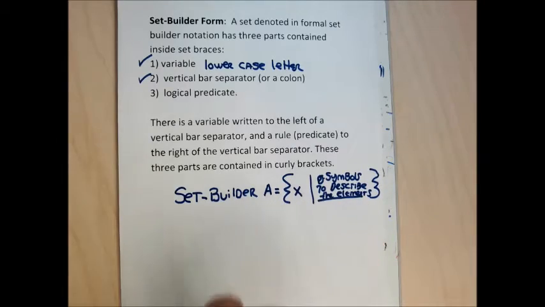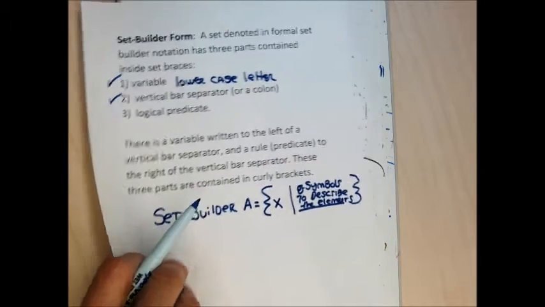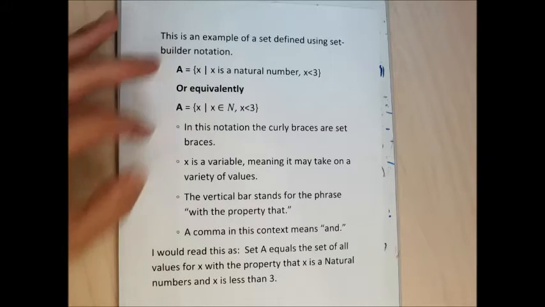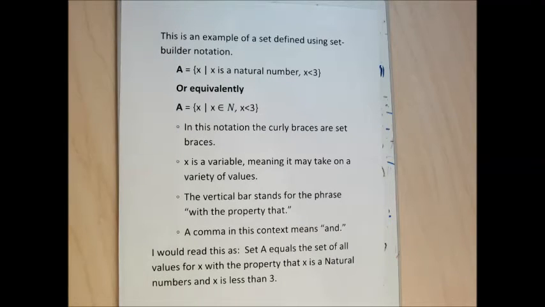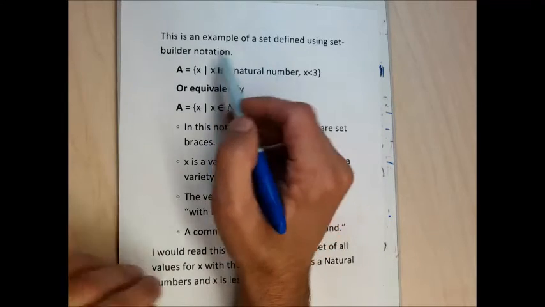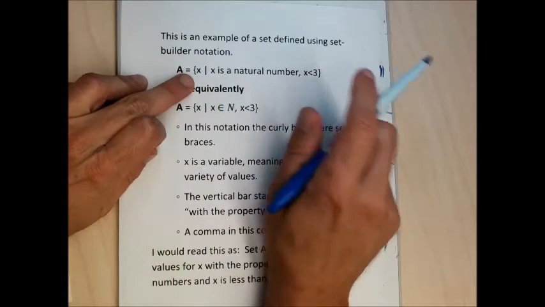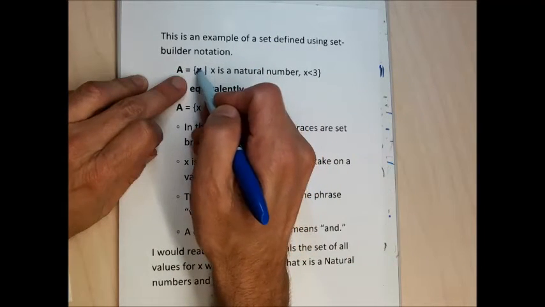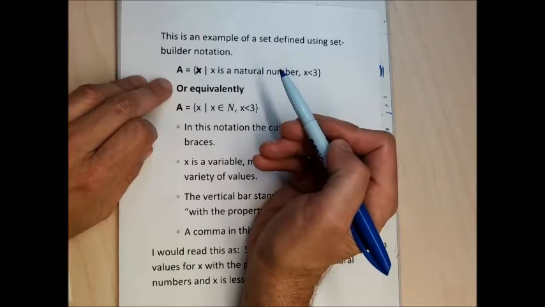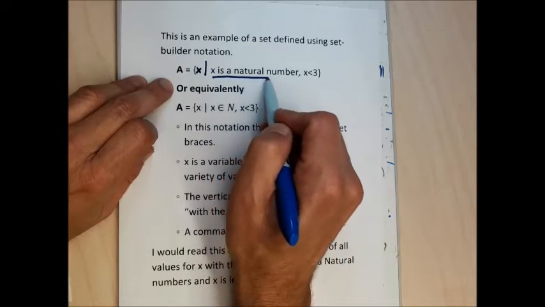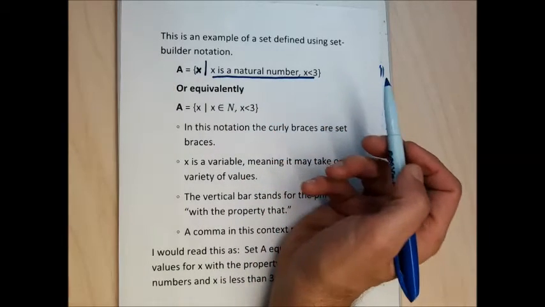On the next page, I have a couple of sets written in set builder notation, just to get us used to reading set builder notation and figuring out what elements it's describing. So the first thing I've written here is an example of a set called set A. It has a lowercase letter, X, which is often the letter I use, a vertical bar, and then something after the vertical bar that describes the set.